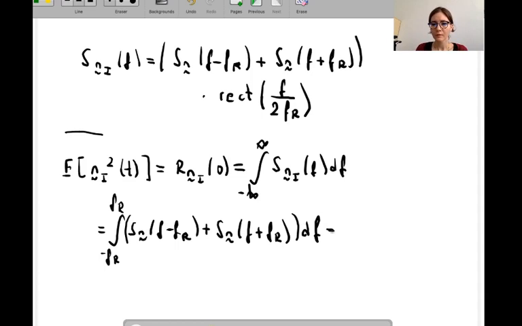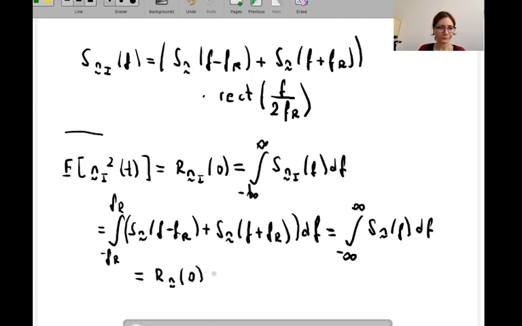So this is nothing but the integral of S_N of f df over the whole frequency line. But then this integral, again, forms a Fourier transform pair with R_N, so it's equal to R_N of 0. But then R_N of 0, we know that it is equal to the mean square value of the original bandpass process, the expected value of N squared of t.